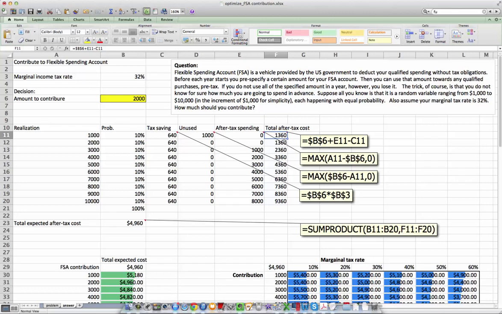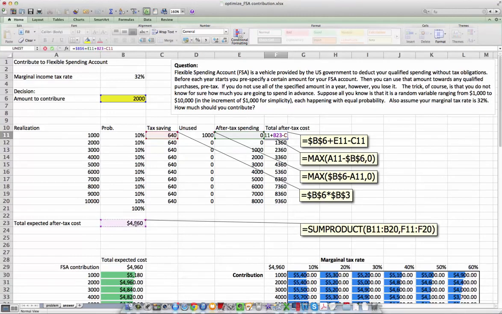So as you can see from here, this formula basically says my total contribution plus my additional spending, if at all, and minus my tax benefit. So column F is all the total after-tax cost.